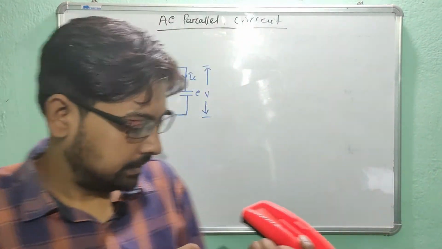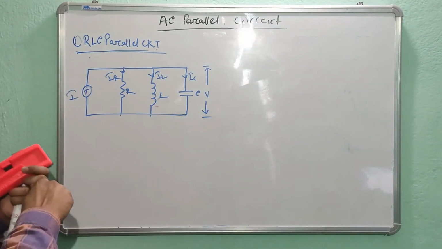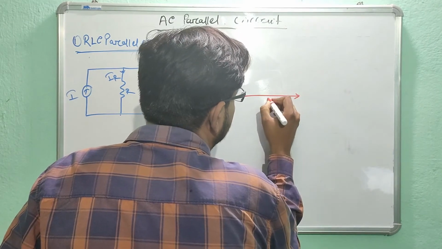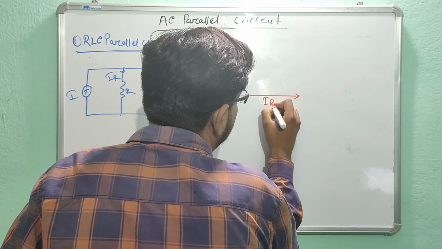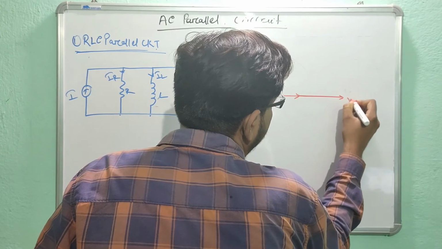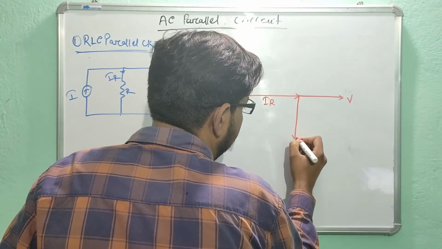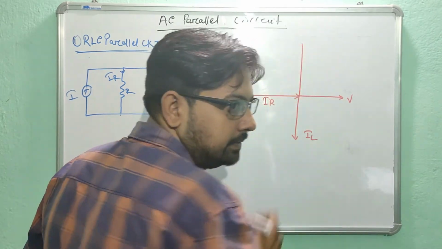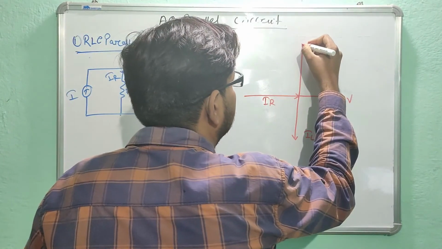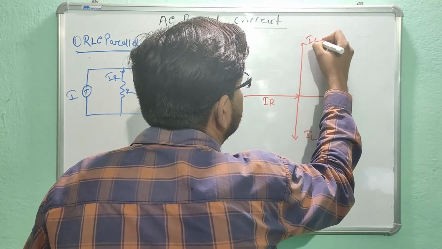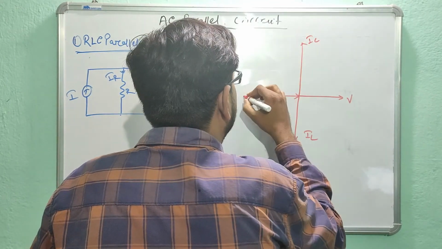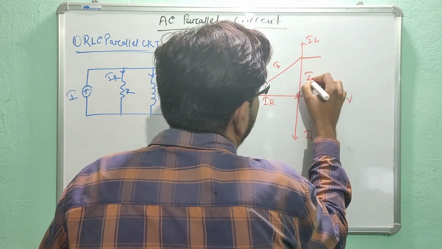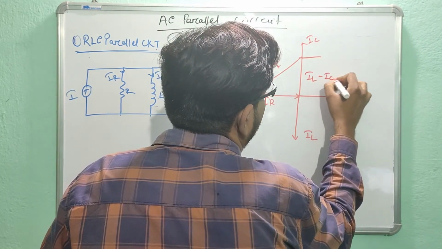Okay, next what is my vector diagram? For the vector diagram I have to draw, this is your IR, and this is my voltage V, and this is my IL, and this is your IC, and this is my I, this is IL minus IC.